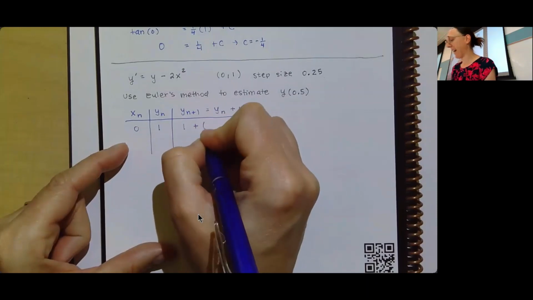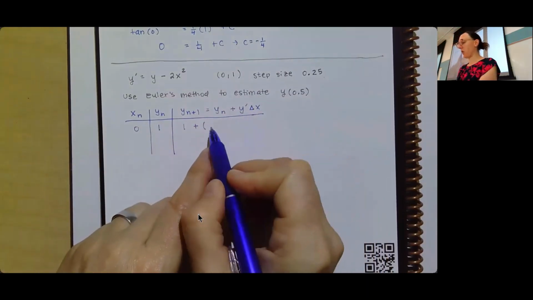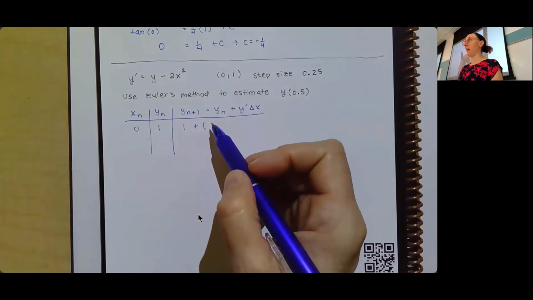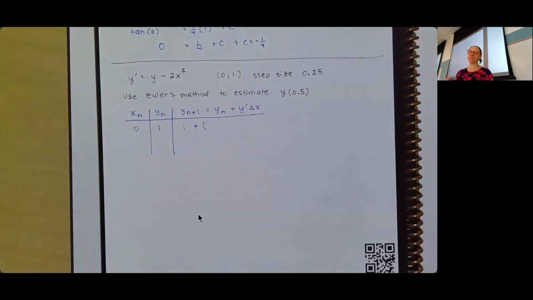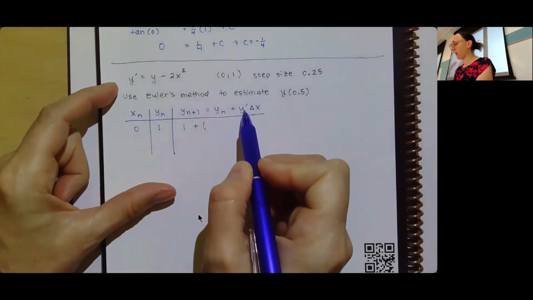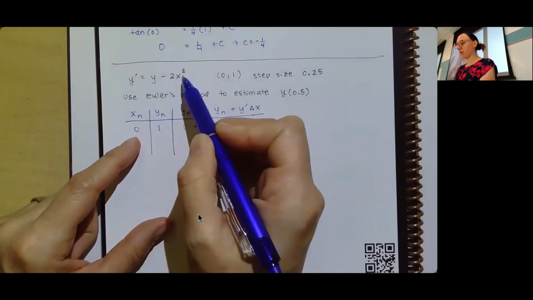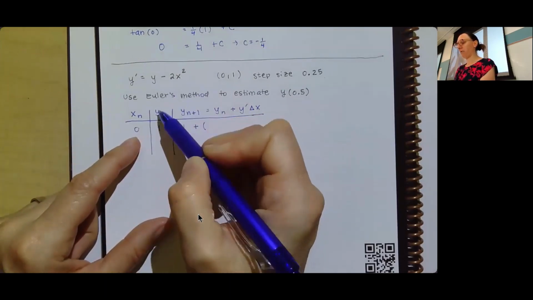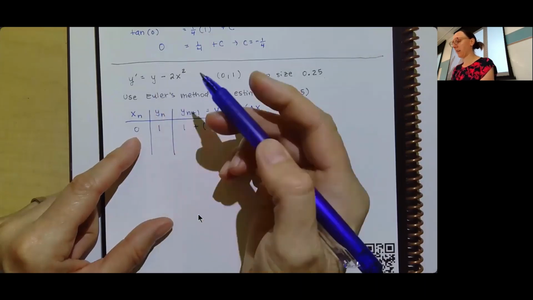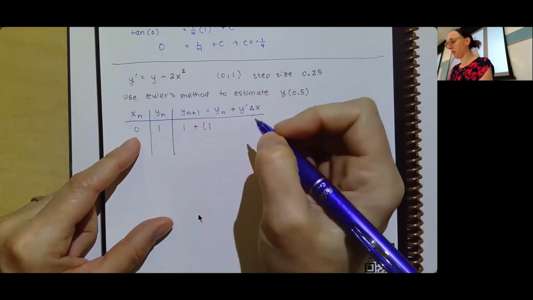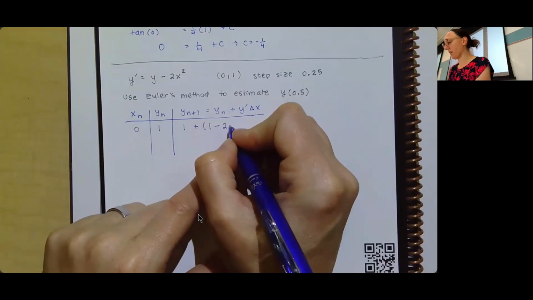I'm going to add to that, evaluating the slope at the point. Well, I don't have to take a derivative because my differential equation has already given me the derivative. In order to find that y prime piece, I just have to plug my point in. So if I plug in 0 for x and 1 for y, then I get a slope of 1. Because it's like 1 minus 2 times 0 squared.